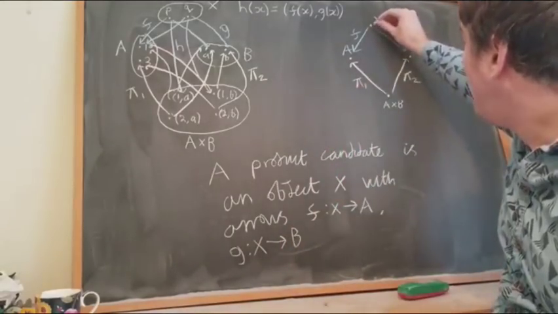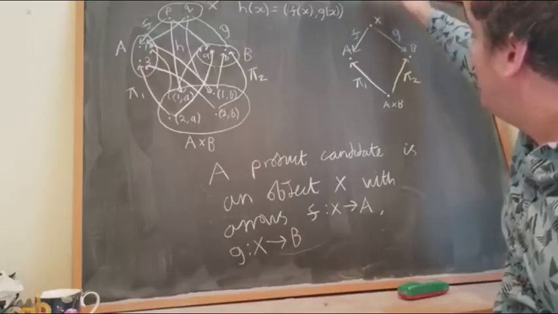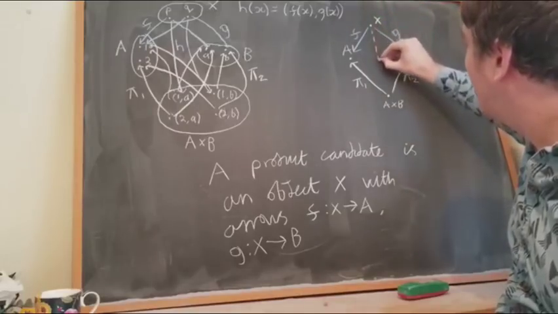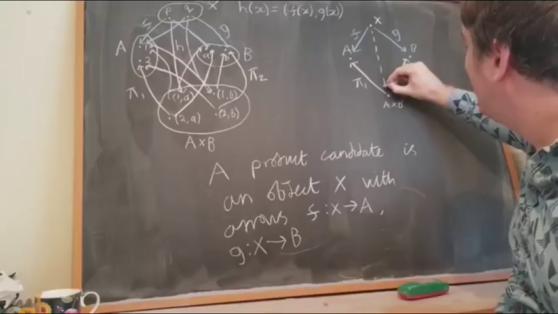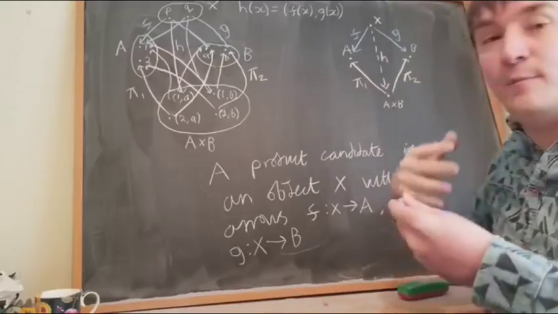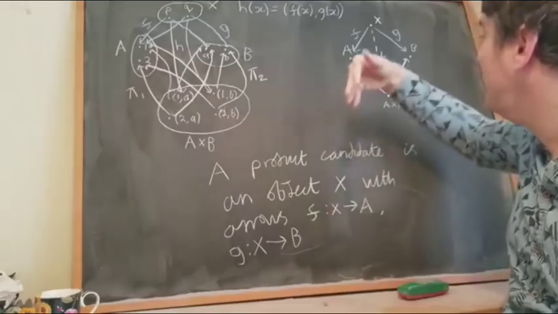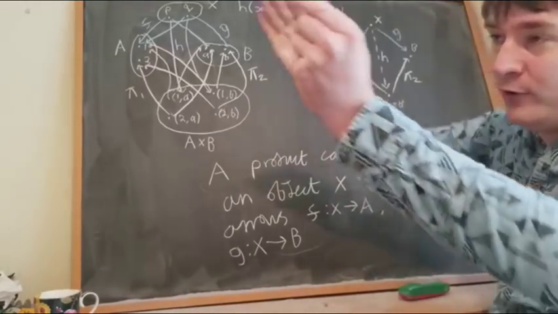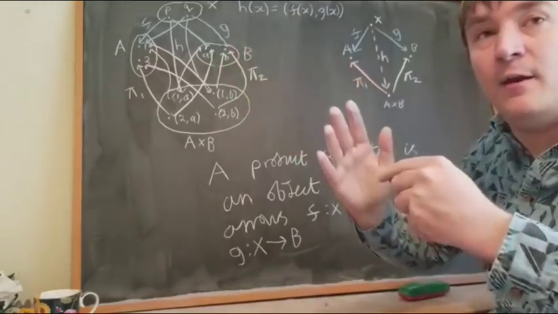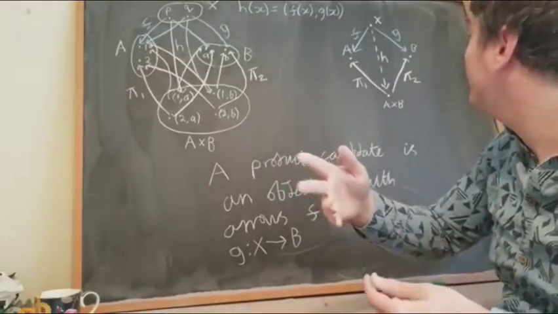So all we have to say is that from this candidate with its functions into A and B, there's going to be this unique arrow h that makes this diagram commute. What I mean by it makes it commute is just that when we have two paths from one object to another, then those two paths give the same result when we compose all the arrows within them.